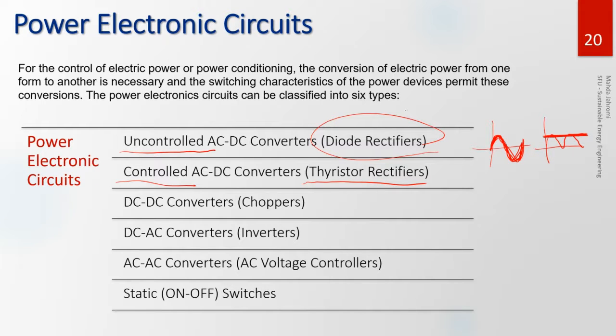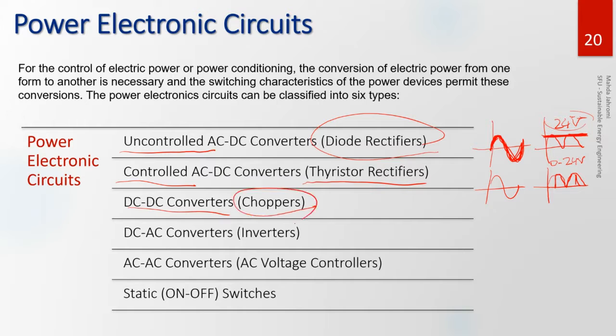So if you apply this to, for example, the power coming out of the wall, let's say you get 24 volts. This 24 volts is constant. It does not change unless you change the input. But if you use a thyristor rectifier, then you can basically control the average value of your output. So you can change the output from 0 to 24 rather than just be a constant 24.